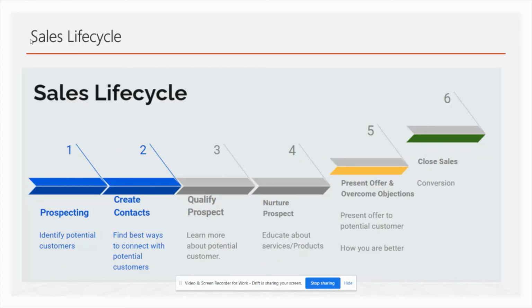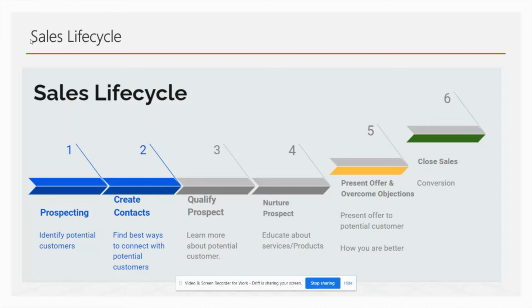In the fifth stage, the salespeople present offers or overcome any objections, because up to steps 1 to 4, the prospect is getting ready to buy your product or service. So in the fifth step, the salespeople present offers or discounts on sales, products, or services.